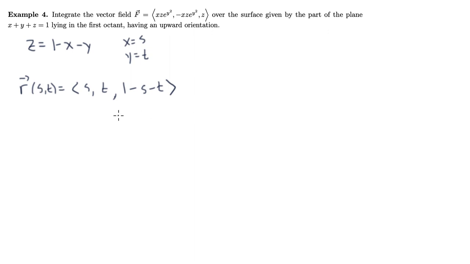And now, what we do need to be careful of, so recall that our region looks something like this. So it's in the first octant, and we have this plane that passes through 1 on all of the coordinate axes. And so if I look down in the xy plane, the projection down there is actually a triangle.